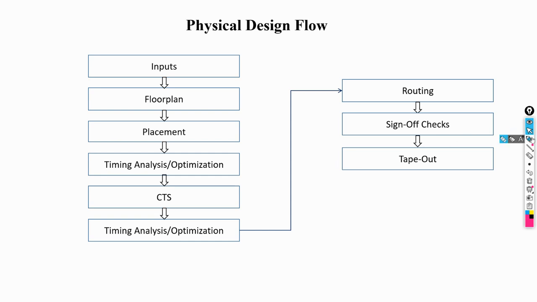Okay, so the physical design flow. First, the inputs: your designs, your libraries, your area, and all of that. Get all the inputs from the other team. The first step is to check that you have got quality inputs. Remember, you cannot make a great dish if you are using spoiled vegetables.